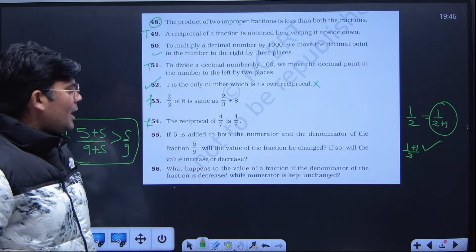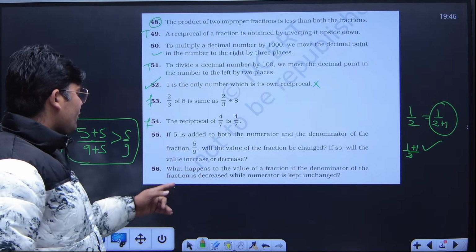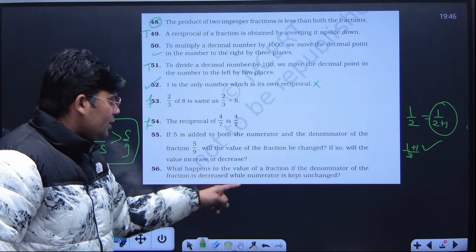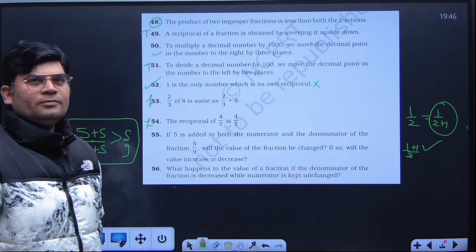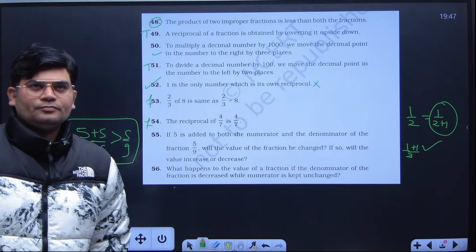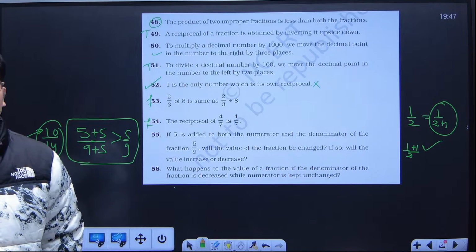What happens to the value of a fraction if the denominator of the fraction is decreased while the numerator is kept unchanged? Tell me.